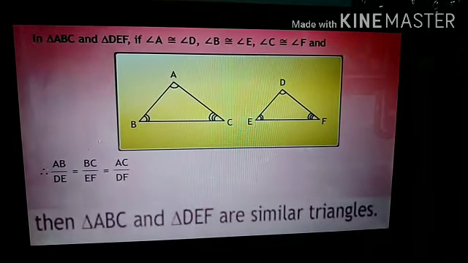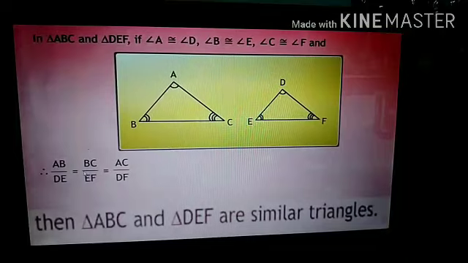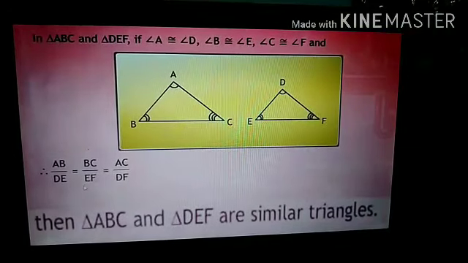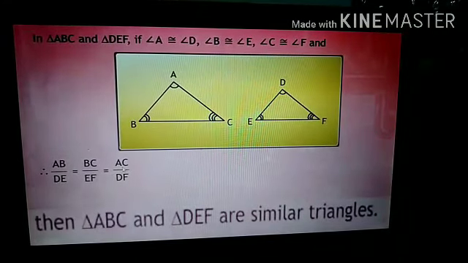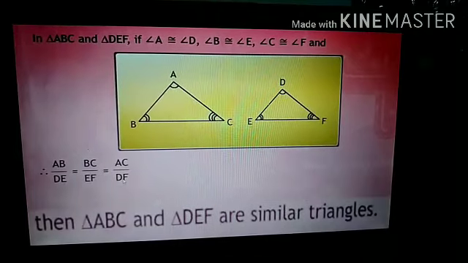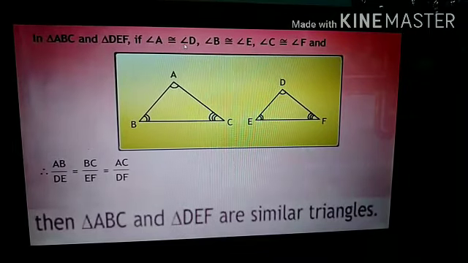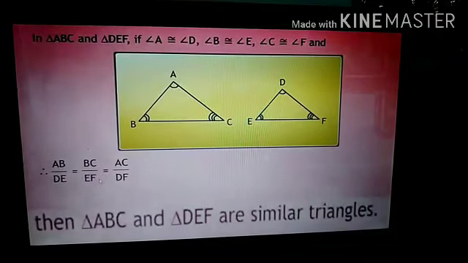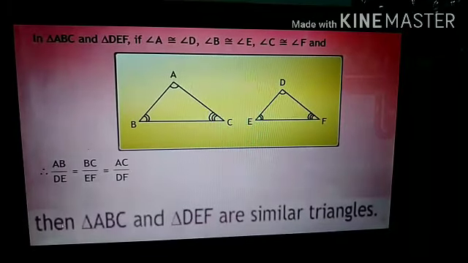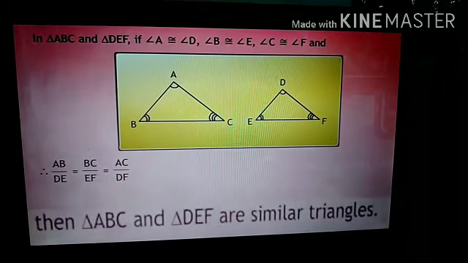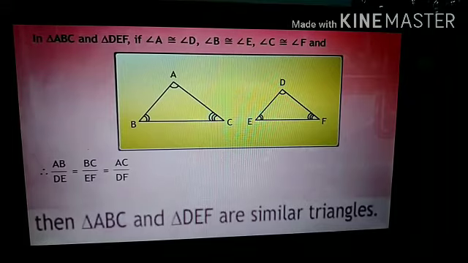AB upon DE is equal to the ratio BC upon EF is equal to the ratio AC upon DF. Such triangles are called similar triangles, where the angles are congruent and the sides are in proportion. We can say triangle ABC and triangle DEF are similar triangles.